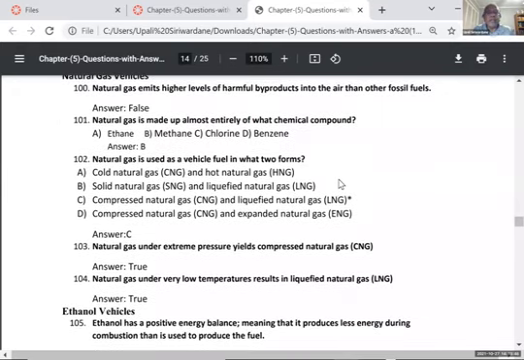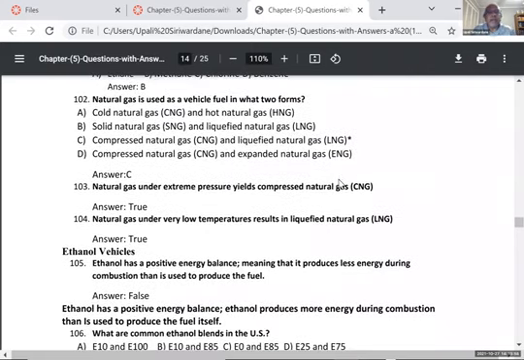Natural gas is made up of almost entirely what chemical compound? Methane, B. Natural gas is used as vehicle fuel in what two forms?